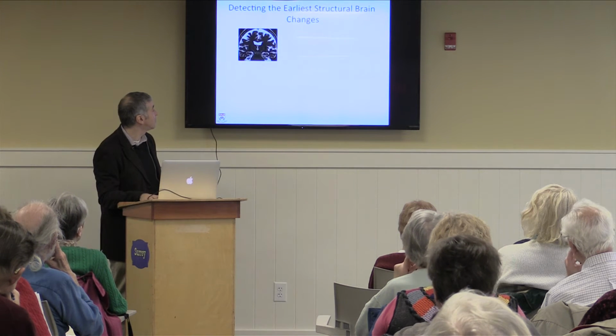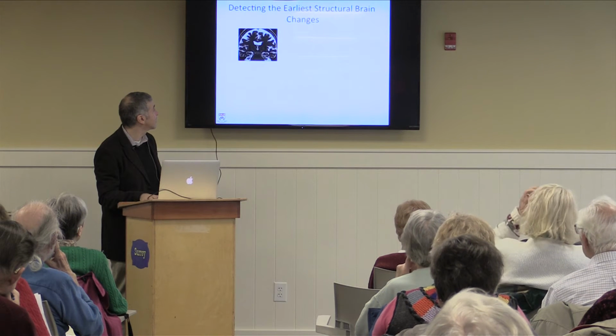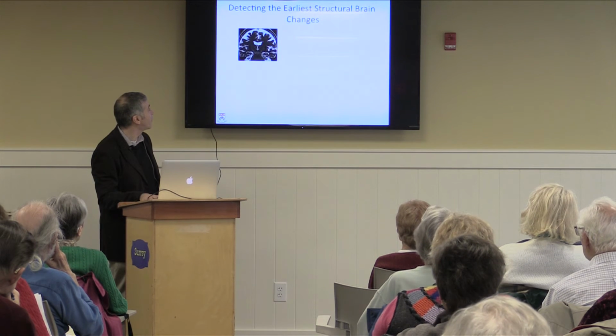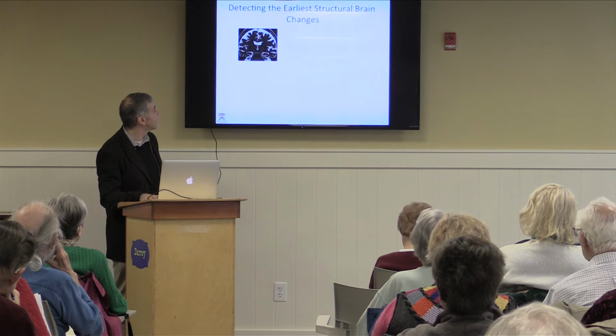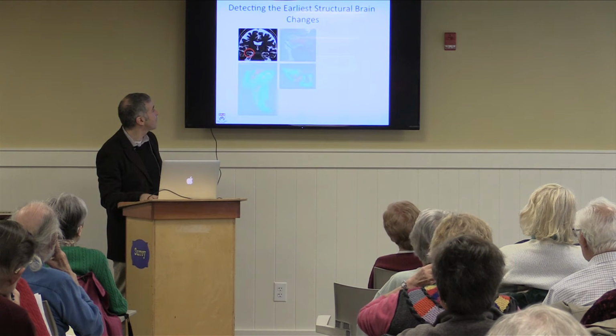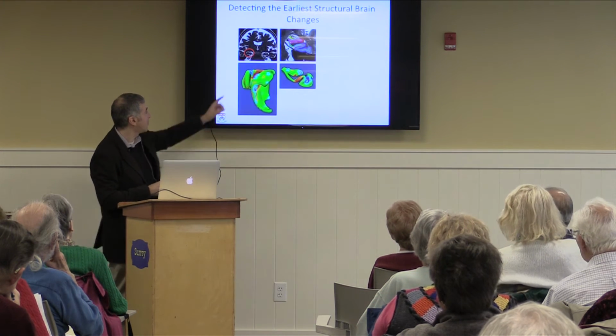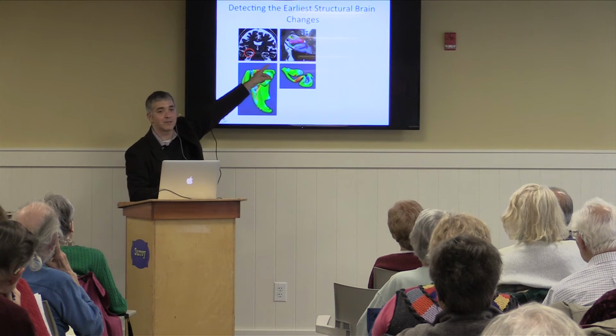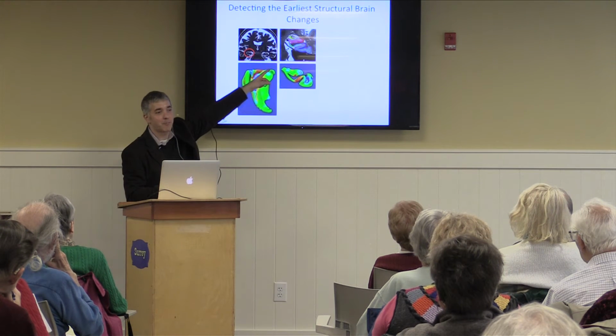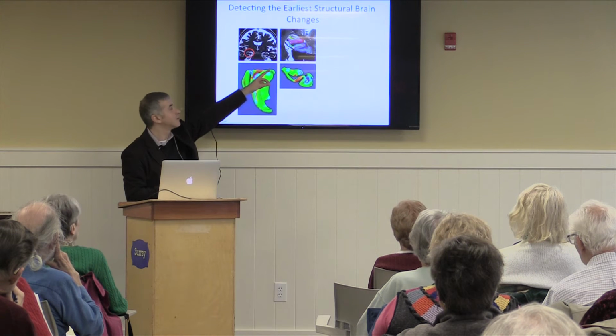In fact, just to give you some of the work that we've been doing that I think is kind of cool, is that now we've gotten to the point where you can look at a scan like this and find the hippocampus, but we have really special algorithms now that can pick out little parts of the hippocampus, and there are different parts that are affected more in Alzheimer's disease than in other conditions.